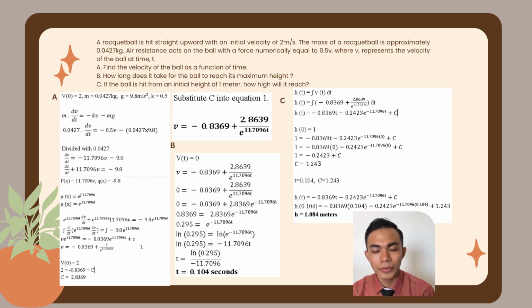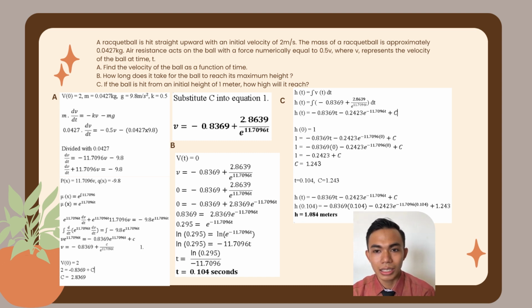Okay, the first problem that we have: a racquetball is hit straight upward with an initial velocity of 2 meters per second. The mass of the racquetball is approximately 0.0427 kg.